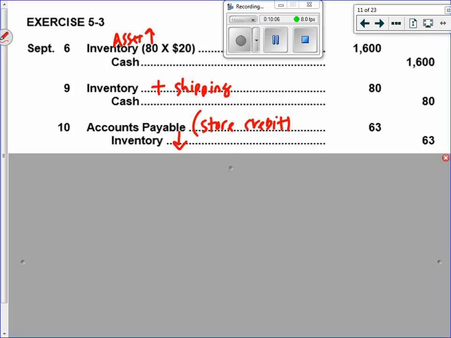That includes the freight, because remember we got them shipped to us. So if I had to tell the inventory story here, it was 1,600 plus 80 minus 63. And that 63 is including the calculators and shipping.